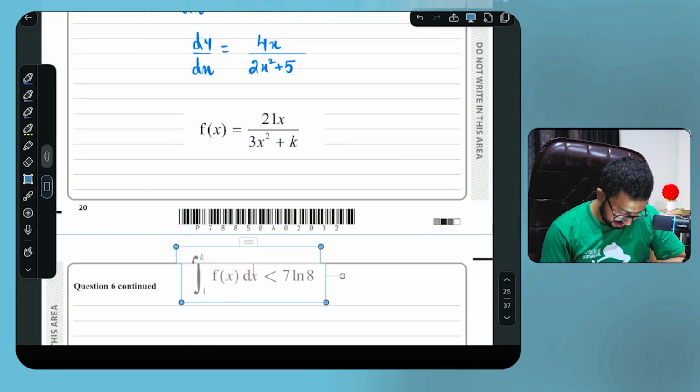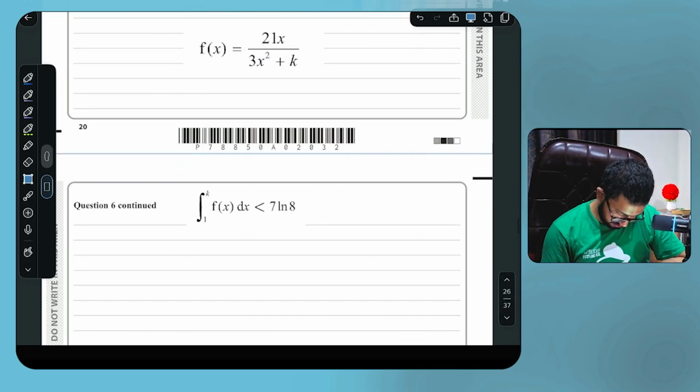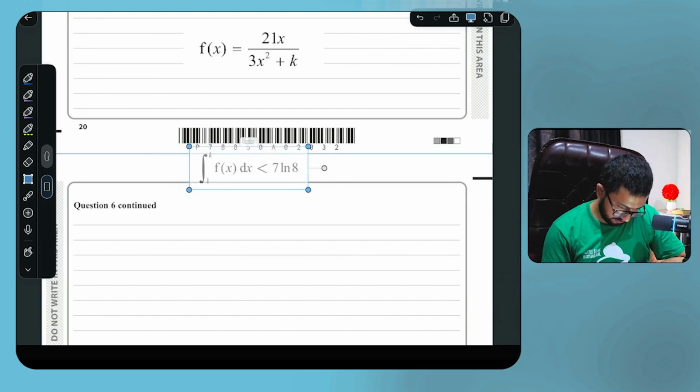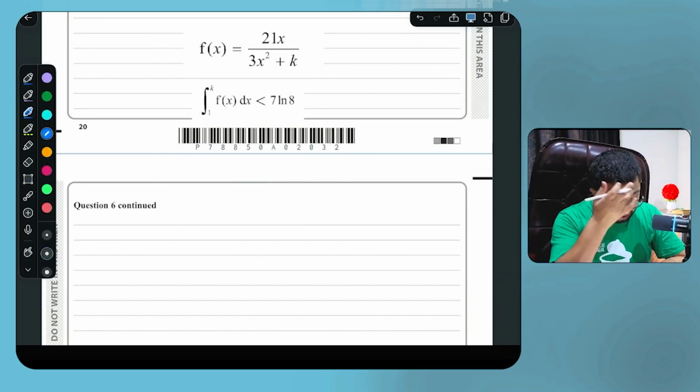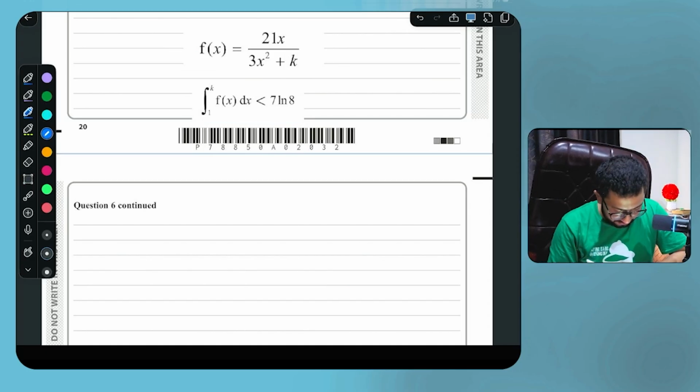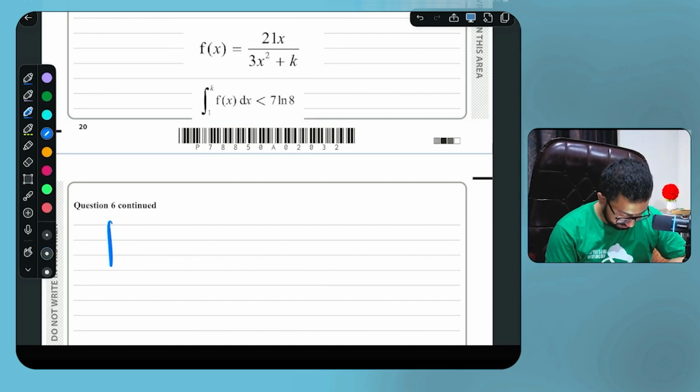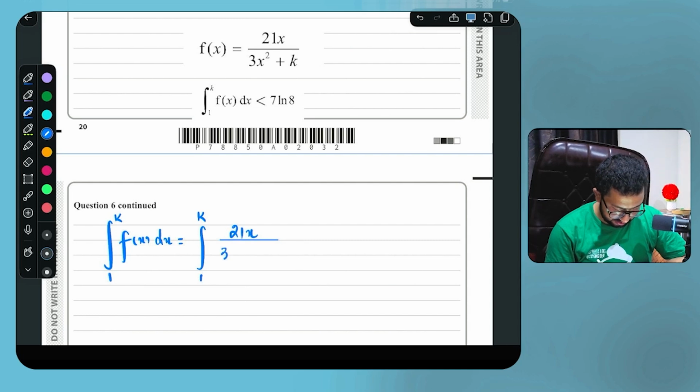So let's use this given information. First, integrate the left hand side from 1 to k. And f(x), put the function 21x divided by 3x squared plus k.